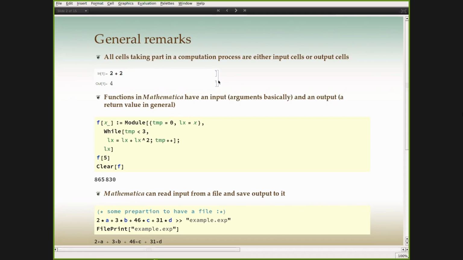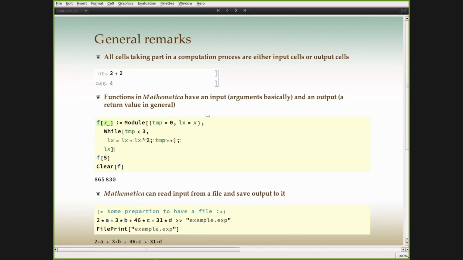You can open these brackets, you can apply some additional elements to them. So this is up to you how you will organize your whole notebook. And also functions in Mathematica have an input. These are the arguments of the function, and have an output, which is a return value in general, which is returned by a function.